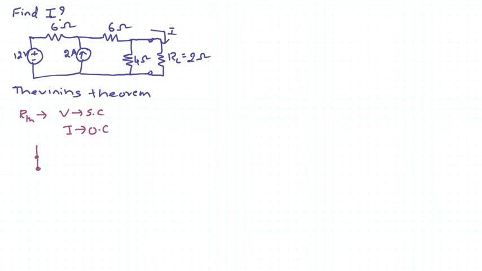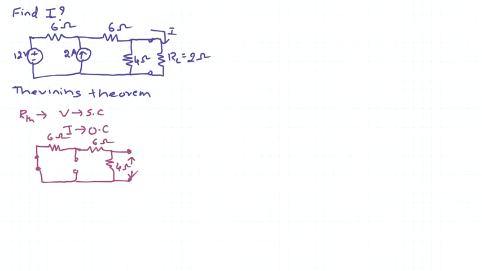This is short circuited and the 6 ohms remains the same, and this is open circuited and this 6 ohms remains the same, and this is 4 ohms, and we will remove the RL here. So this is 4 ohms, this is 6 ohms, this is 6 ohms.